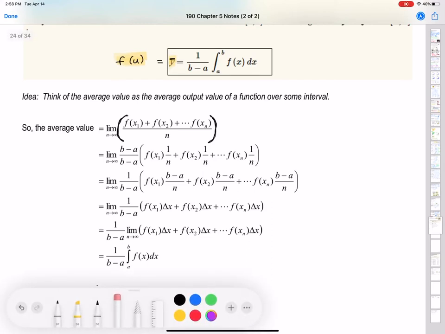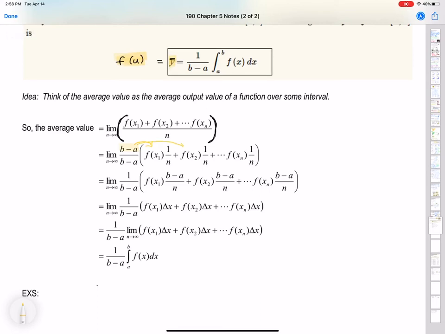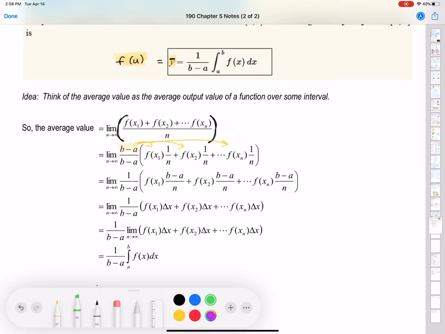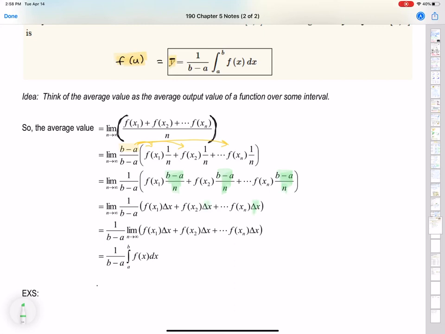Then if we distribute through just the numerators b minus a, every term inside those parentheses, that's what you see in the next row. Well, then what we know is that b minus a over n, all of those little guys, that's our representation for delta x.